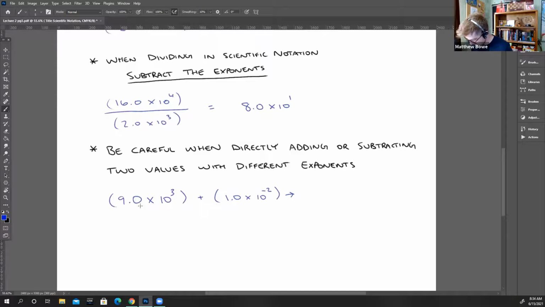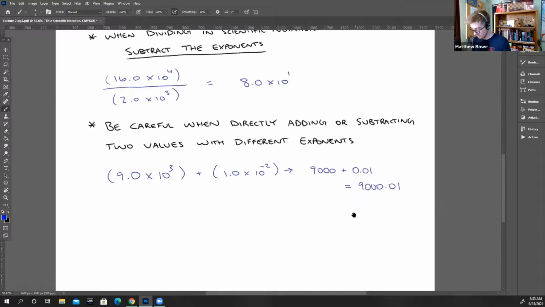So this value is actually 9,000. So I'm going to move the decimal over 1, 2, 3. So it's 9,000 plus 1. So this actually equals something that we can't express cleanly.